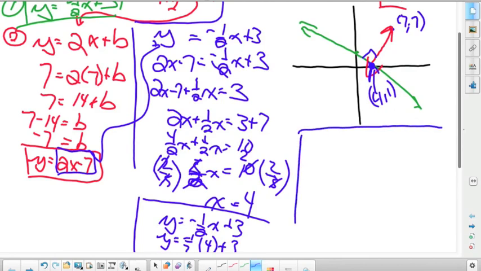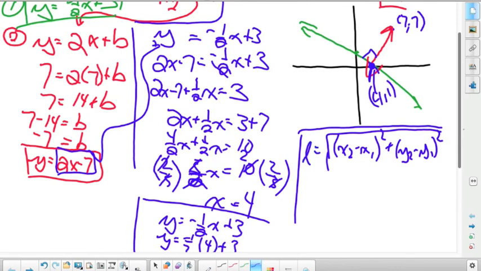It's x2 minus x1 squared plus y2 minus y1 squared, all under a square root. That gives you L, right? So we get L is equal to the square root of x2, so 4 minus 7 quantity squared plus 1 minus 7 quantity squared.